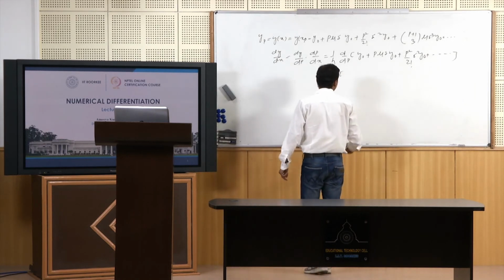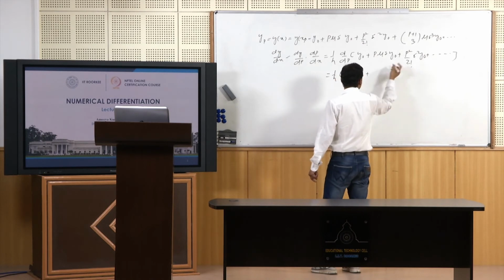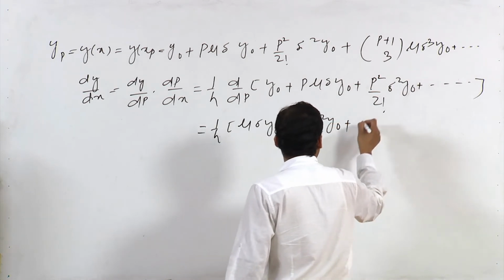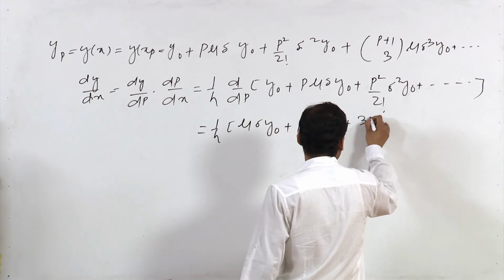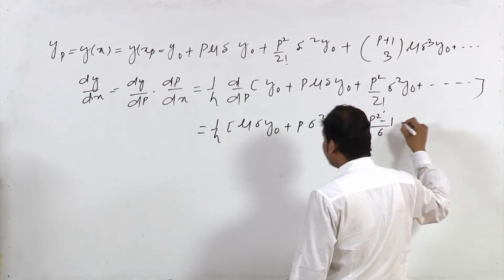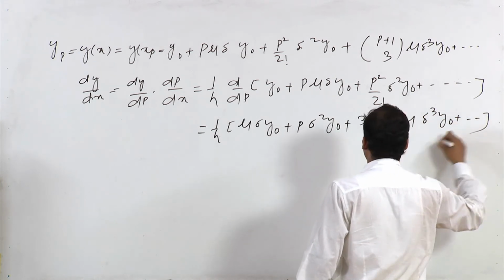The first term gives 0, the second term gives mu delta of y0, plus 2p by 2 factorial, so p delta square of y0, plus the third term, which gives 3p square minus 1 by 6 mu delta cube y0, plus all other terms.